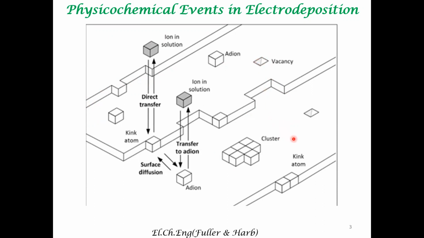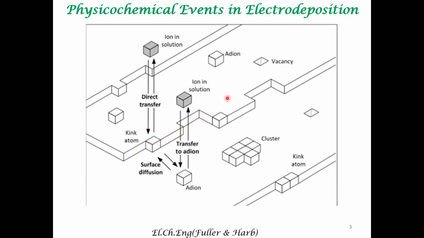The electrode surface can have predominantly flat surfaces, indicated here, or it may have step edges, indicated here. Or you may have so-called kink sites. These corner sites are kink sites.